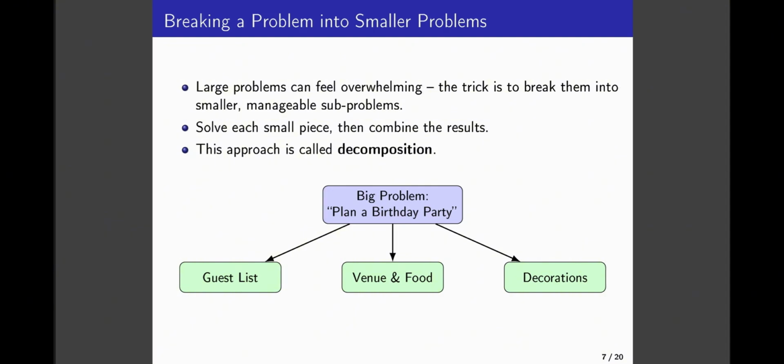On its own, that's a huge task. But break it down, and suddenly it becomes modular, manageable chunks: sort out the guest list, handle the venue and food, and take care of decorations. Each of these is its own smaller problem you can tackle separately. This exact same thing applies to programming problems too.